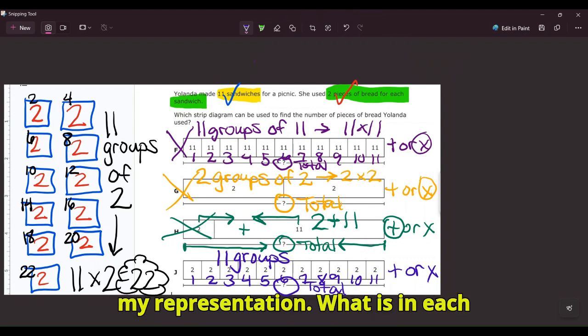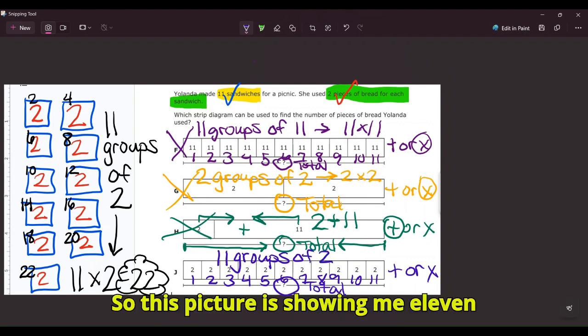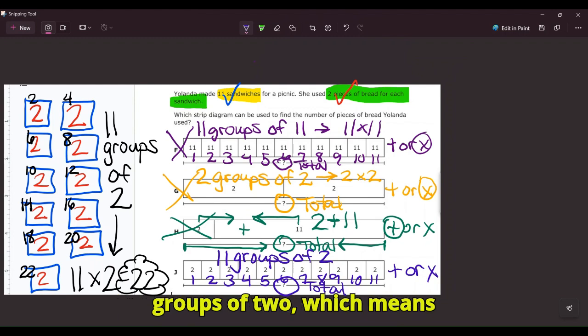So does my representation. What is in each group? Well, I see in every group there are 2 of something. So this picture is showing me 11 groups of 2, which means it is showing me 11 times 2.